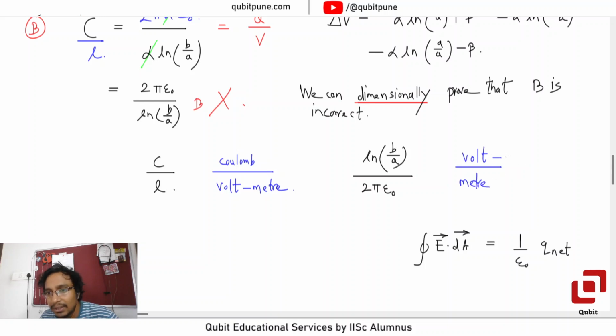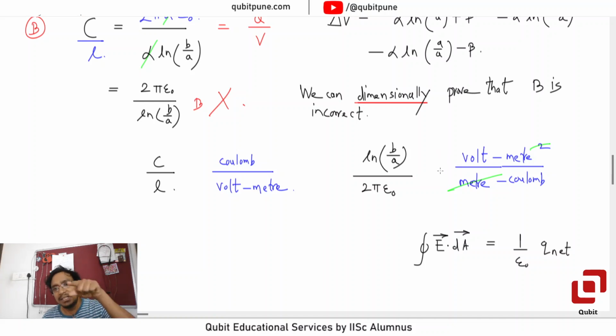एरिया का कितना हो जाएगा? मीटर स्क्वायर्ड हो जाएगा. और अभी और एक बचा है, Q net is remaining. Q net will go in the denominator here, so it will be coulomb here. Okay, so meter squared, we will get rid of one of the 2 meters that are there in the numerator.